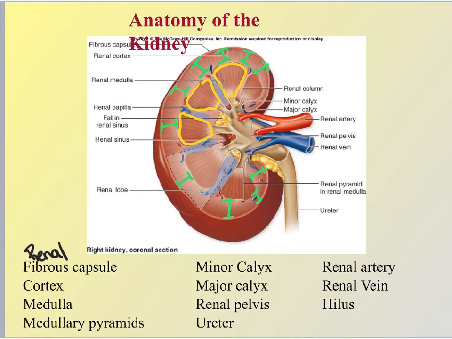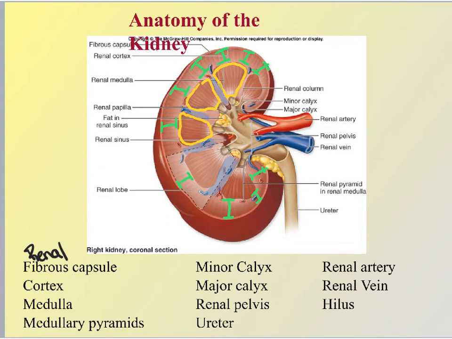Then the next structure that you'll find at the base of each one of those medullary pyramids is a passageway, a section of tube. So you can see it right here. Still using the highlighter, so it's a little faded. But these little sections of tube right here, those are what we refer to as minor calyces.